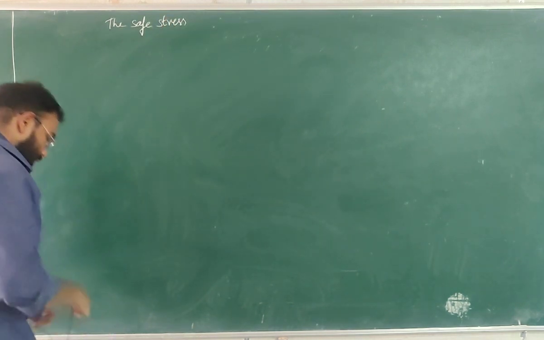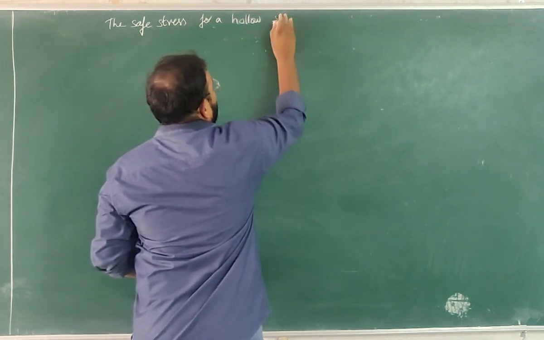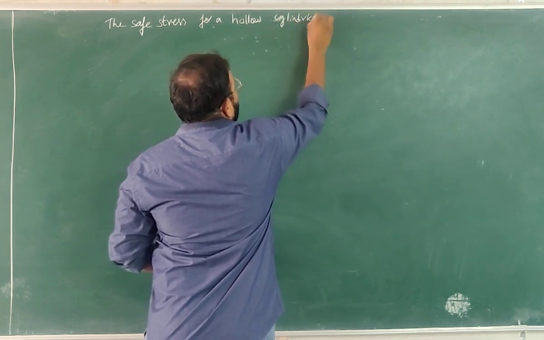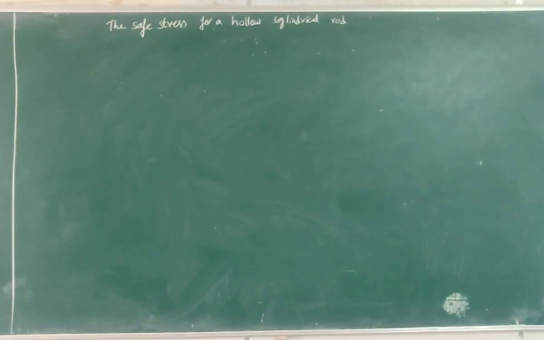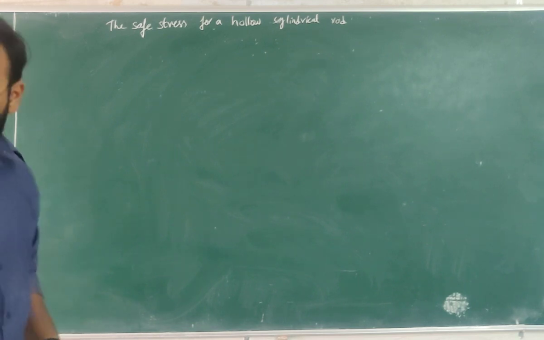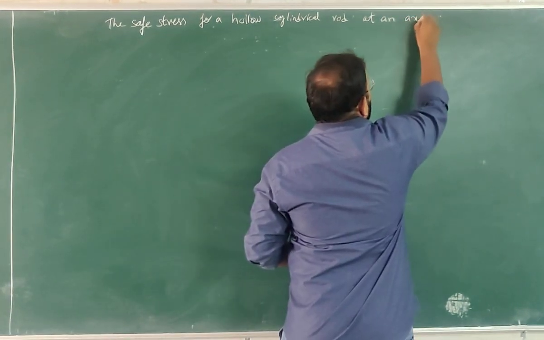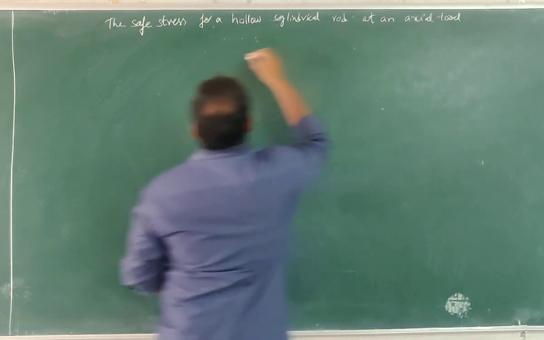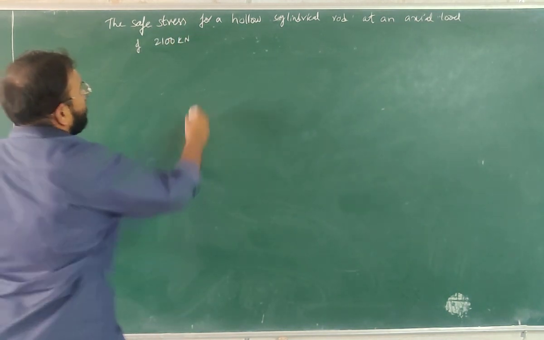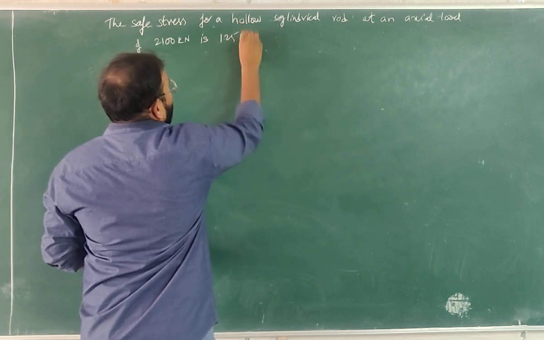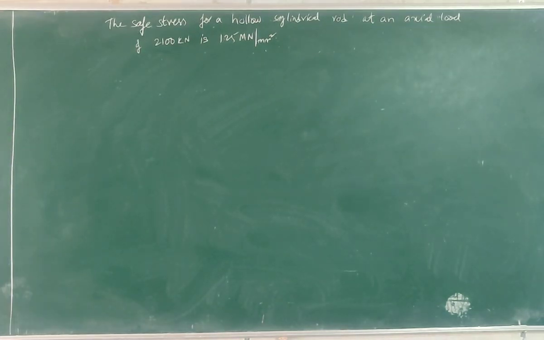The safe stress for a hollow cylindrical rod, at an axial load of 2100 kilonewton is 125 mega Newton per millimeter square.